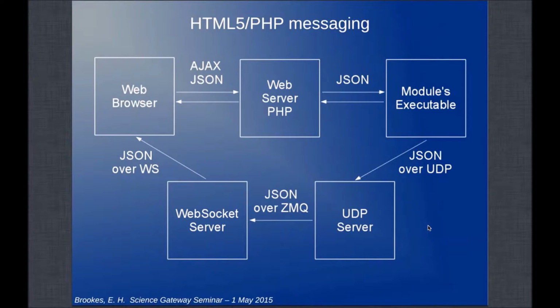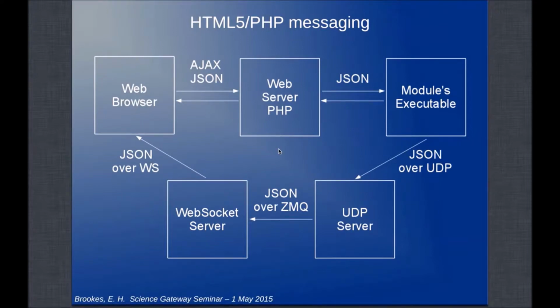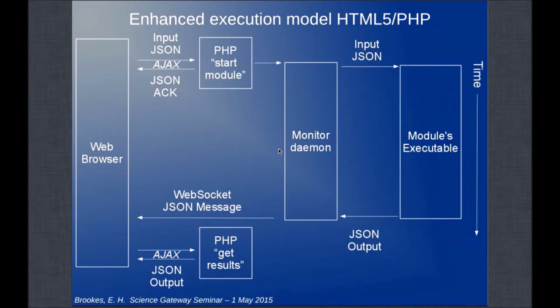When you define a module, what we have now is an array of fields that have roles of input or output, and then they have their identification, labels, types, and whatever other attributes are needed to well define the field. It's ordered, and the user interface will be generated in that order.